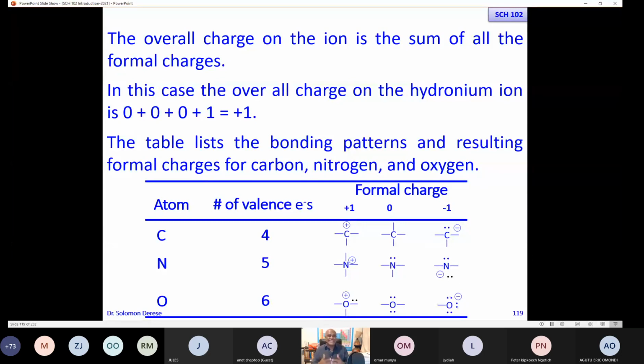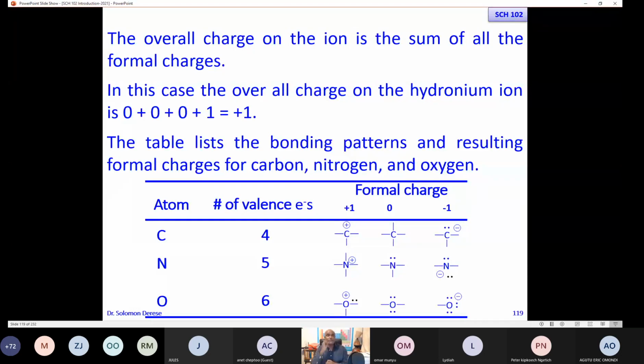It is possible an element can form more than the number of bonds it usually forms. It can also form less than the number of bonds it usually forms. But when it forms more than the number of bonds it usually forms, it must be charged. It will be either positively charged or negatively charged. So when an element forms more than the usual number of bonds, like nitrogen forming 4 bonds, or oxygen forming 3 bonds, it will be positively charged.